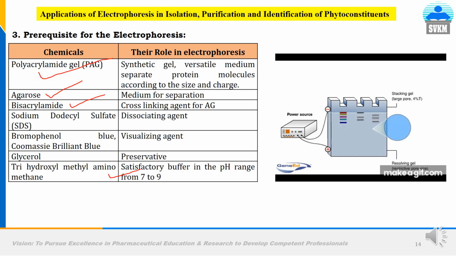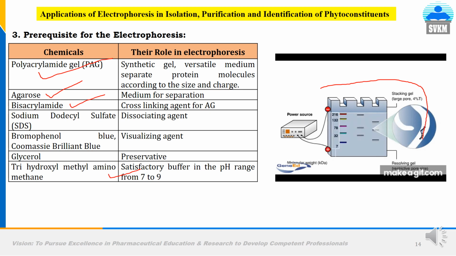Again, one more GIF we will discuss here, friends. You can see the power supply, with the positive and negative current. This is the base, the stacking gel, and then the sample is applied here. After applying an electric current of a specific frequency, the separation of compounds takes place based upon their frequency and affinity towards the specific electrode, either positive or negative, and thereby you get proper resolution of the separated compounds in the form of bands.